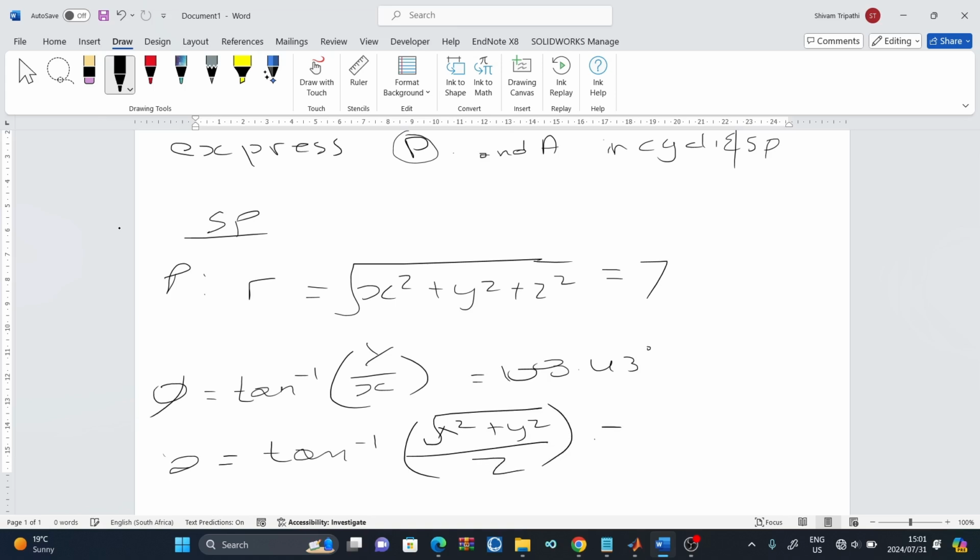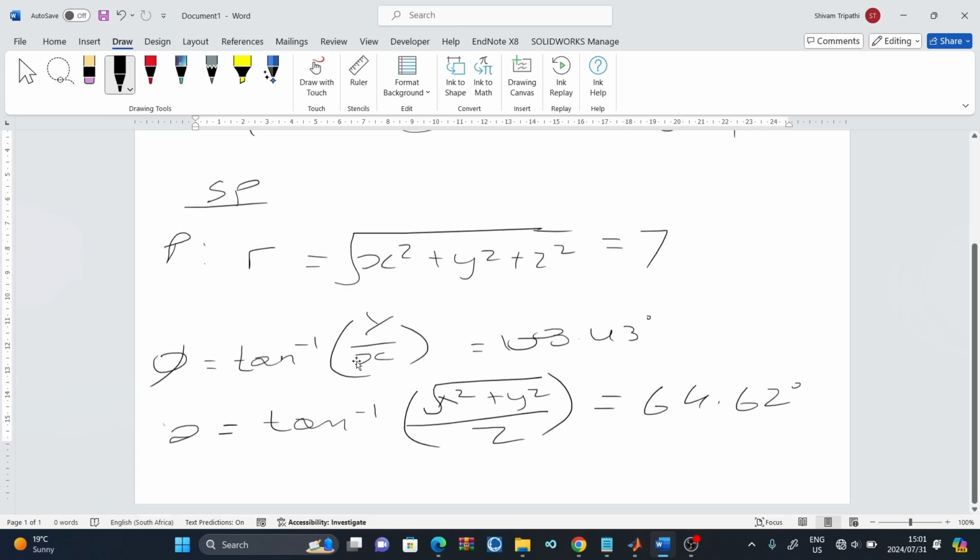So it's in terms of z, which gives us more or less 64.62 degrees.